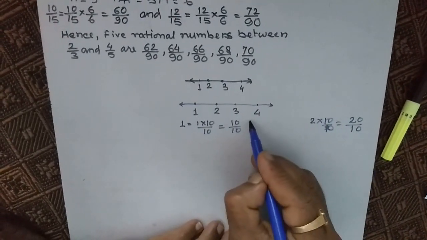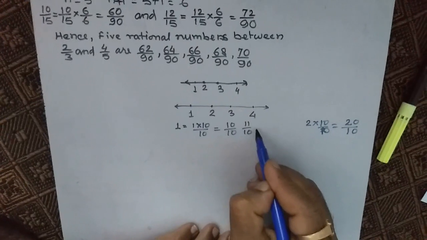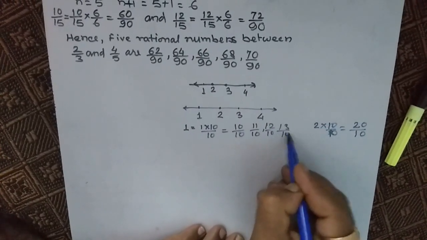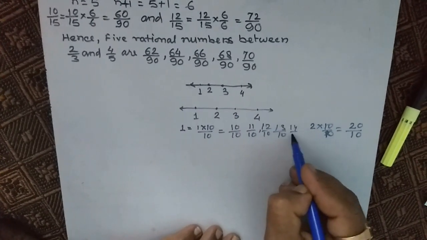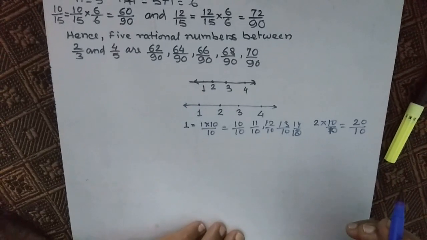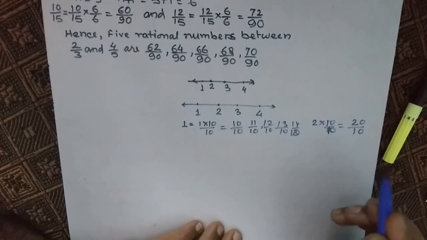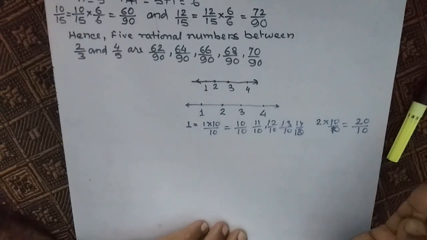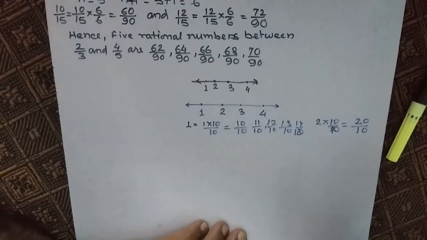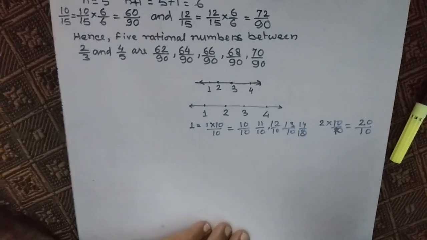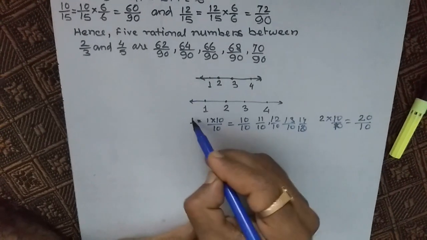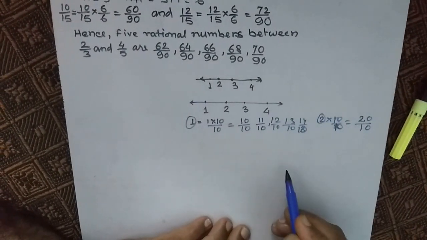Suppose 11 by 10, 12 by 10, 13 by 10, 14 by 10, like that, up to 19 by 10. That means 11, 12, 13, 14, 15, 16, 17, 18, 19. How many numbers? 9 numbers you can take in between the numbers 1 and 2.